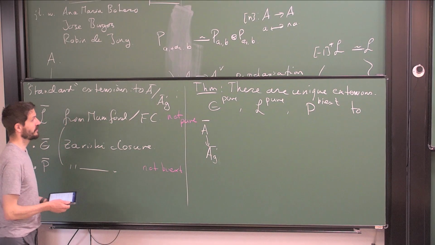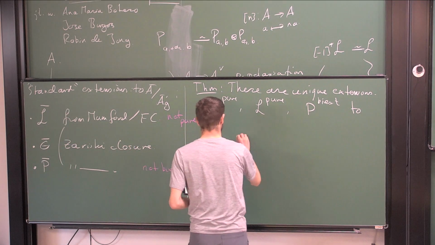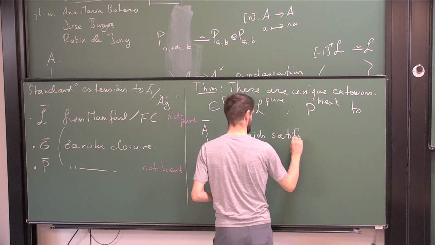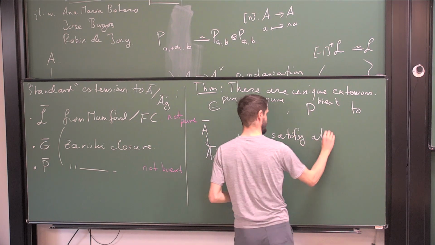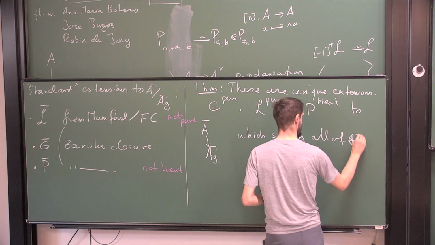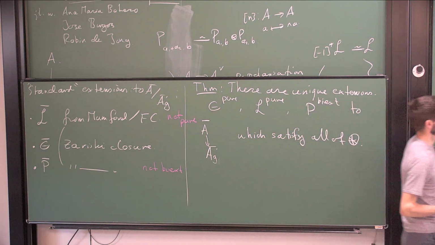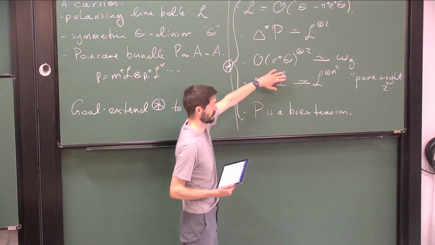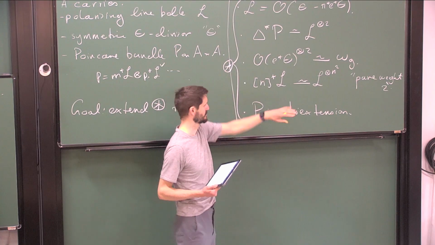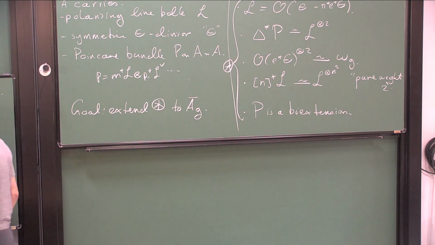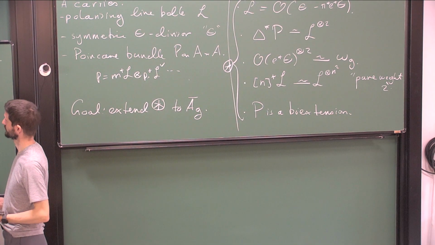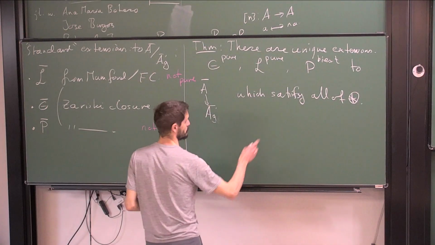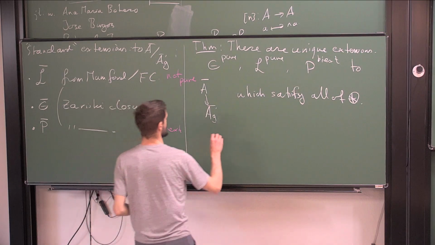There are ways which satisfy all of star. So the line bundle L pure is pure of weight 2, hence the name, and P by extension is a by extension, etc. These extensions exist, and they're unique with these properties. They're related to the previous ones.